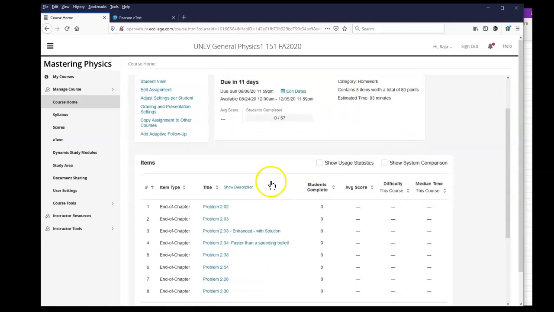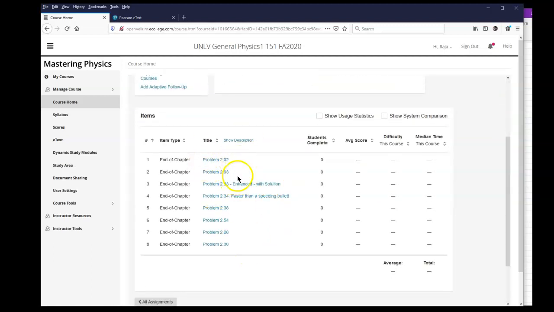And the problems that you need to do are these. Problems number 2, 3, 33, 34, 38. I've done 38 for you, didn't I? I think I did. Yes. And 54. Those are the 2 that I've done for you. And then you have the rest of them to do by yourself. Of course, if you have any question on those, simply post it under Ask the Professor, and then we will take it from there.